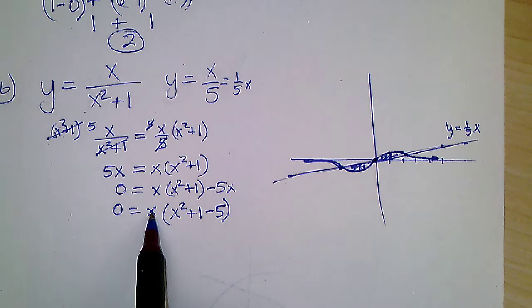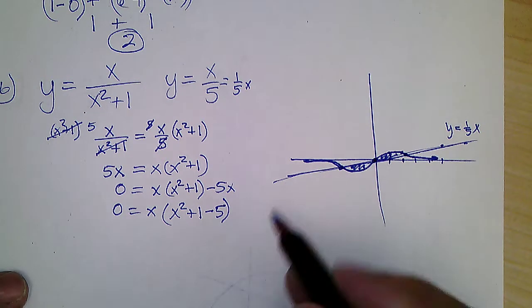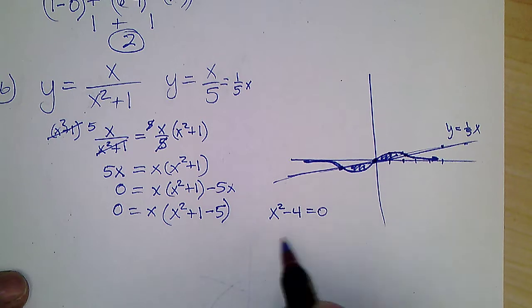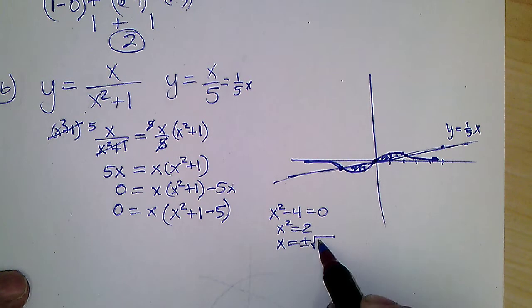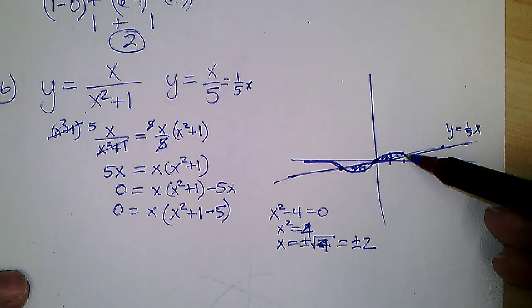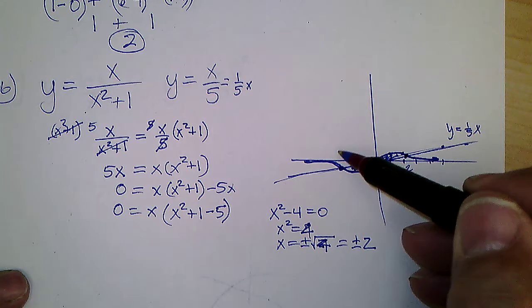And this says x can be 0, because I can set this equal to 0 and this equal to 0. So if I set x squared minus 4 equal to 0, add 4, I get x squared equals 4, and x equals plus or minus the square root of 4, which is plus or minus 2. These graphs both intersect at plus 2 and minus 2.